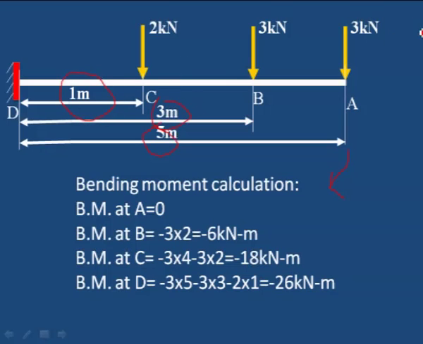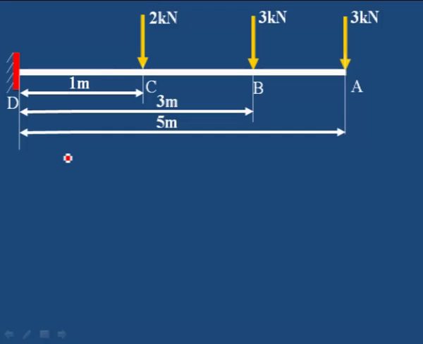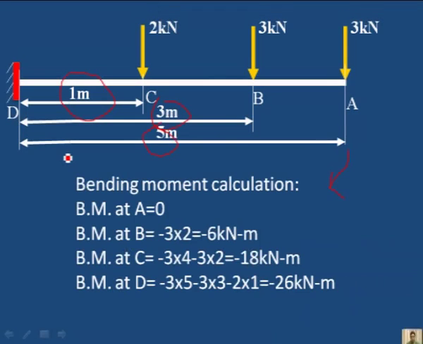If we add all this, 3 into 5, 3 into 3, 2 into 1, we will get the total moment at D. 26 kilonewton meter is the bending moment at D, which is maximum. We can observe the minimum bending moment is 0 at the free end and the maximum bending moment is 26 kilonewton meter at the fixed end.